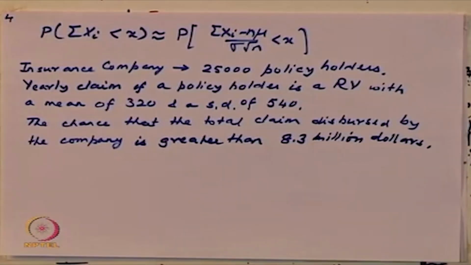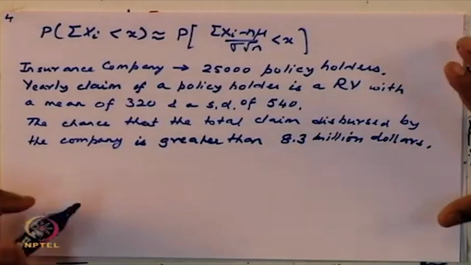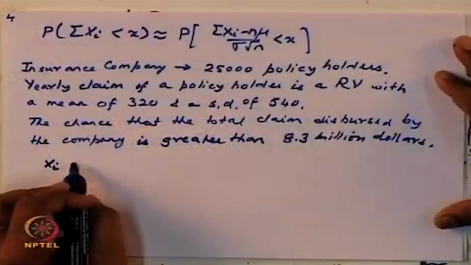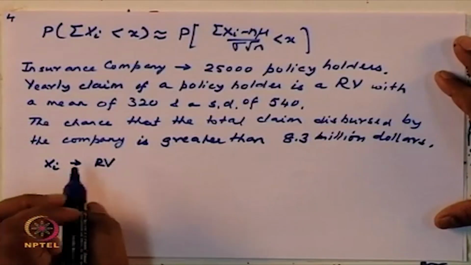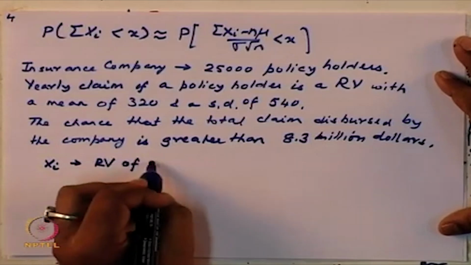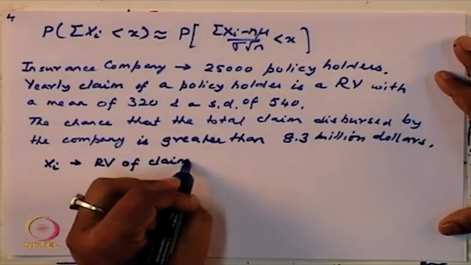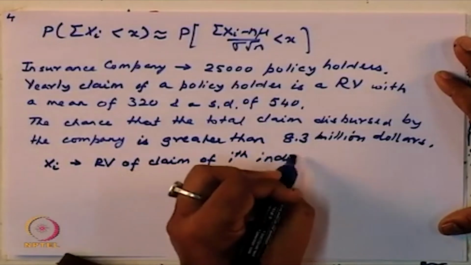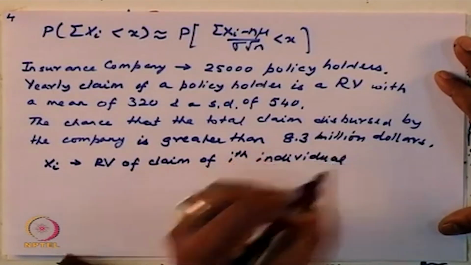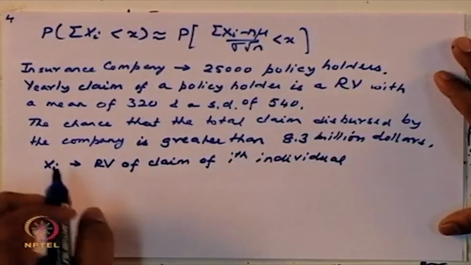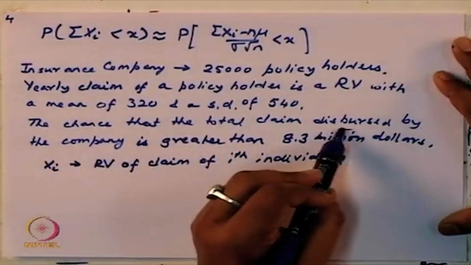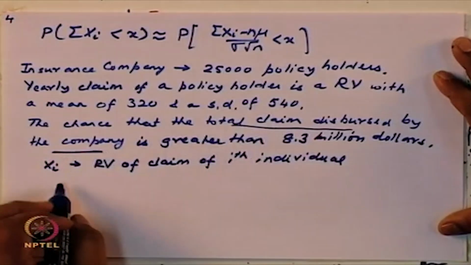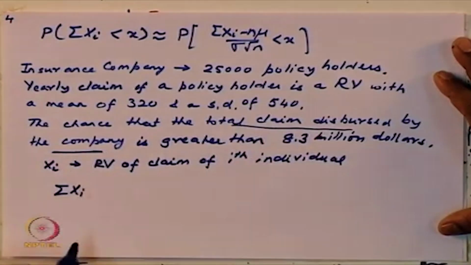Okay. So, if we are to make use of the central limit theorem, so what we are given is, so xi is the random variable of claim of ith individual. Okay. So, the total claim disbursed by the company is going to be summation of xi.